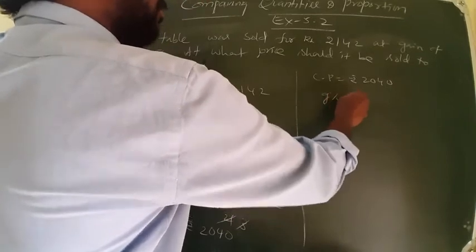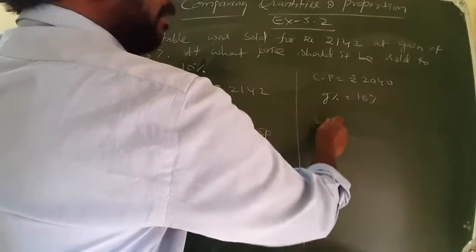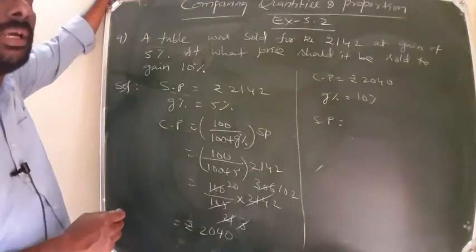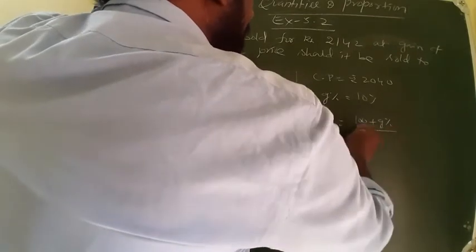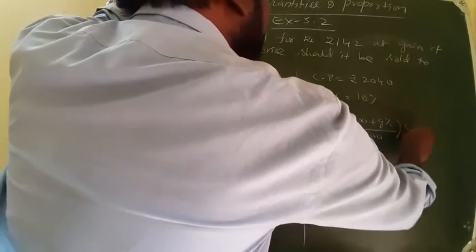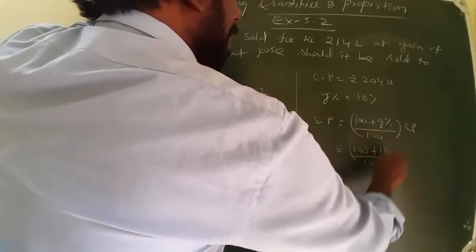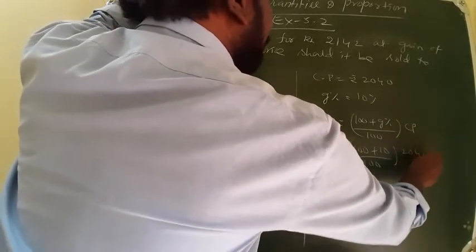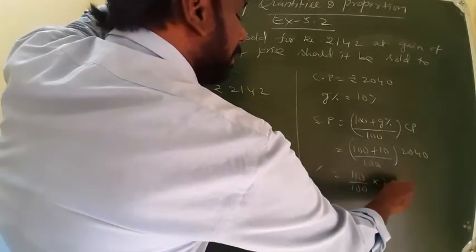Now we have to sell for gain 10%. Now we have to find SP. When CP and gain percent are given, what is the formula for SP? 100 plus gain percent by 100 into CP. That is 100 plus 10 by 100 into 2040. 110 by 100 into 2040.